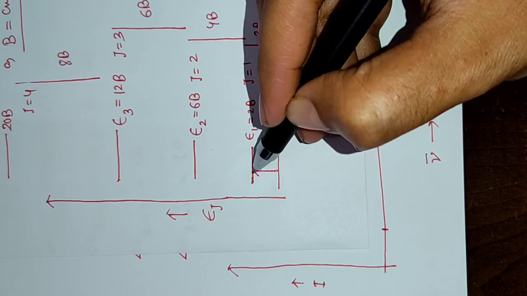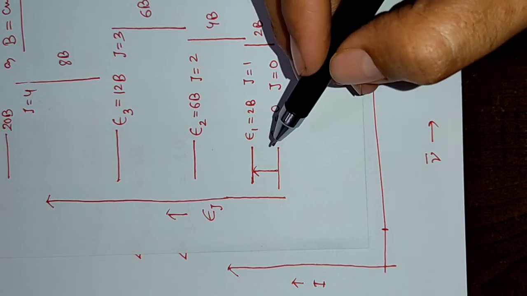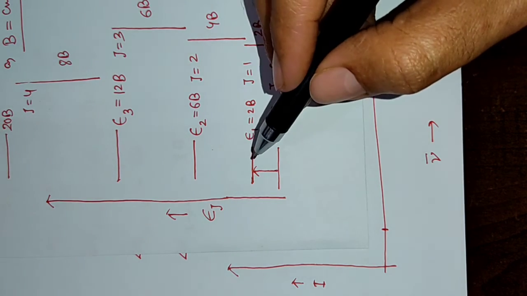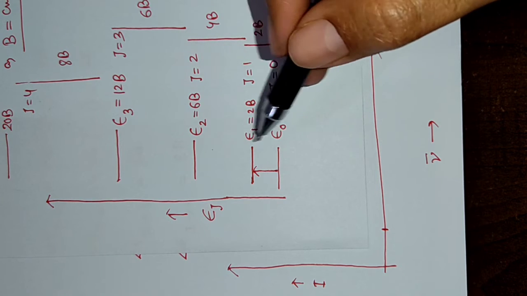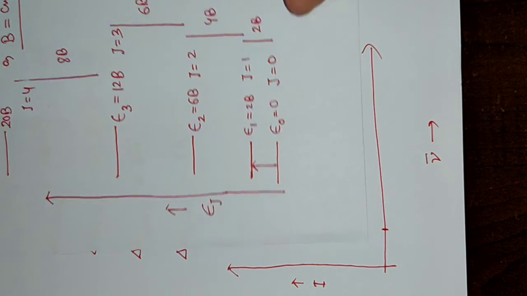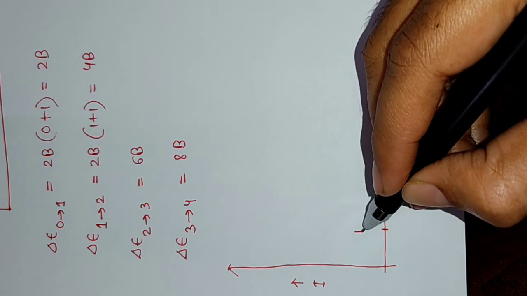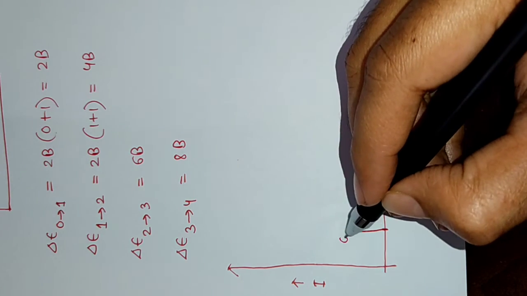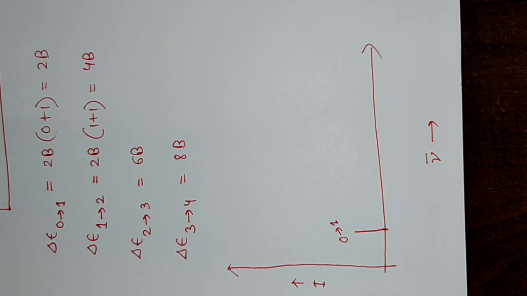When the energy gap 2B is supplied by the photon, the energy required for the transition 0 to 1 is supplied by the incident radiation, then the first transition will occur and we will get a line at the position 2B from 0. So here we will get a line. This will correspond to the transition from the ground state to the first excited state.